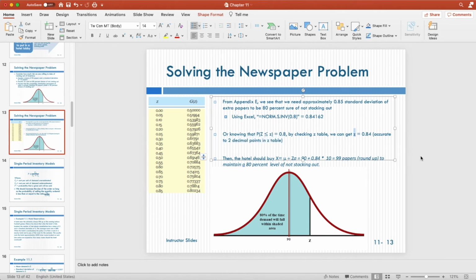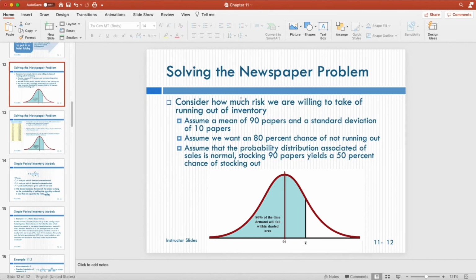But this is also connected with your course material related to your BSTAT course. We know that the z table only corresponds to the standard normal distribution. The standard normal distribution is when mu is 0 and sigma equals 1. But of course, in our situation, our mu is not 0, it's 90.